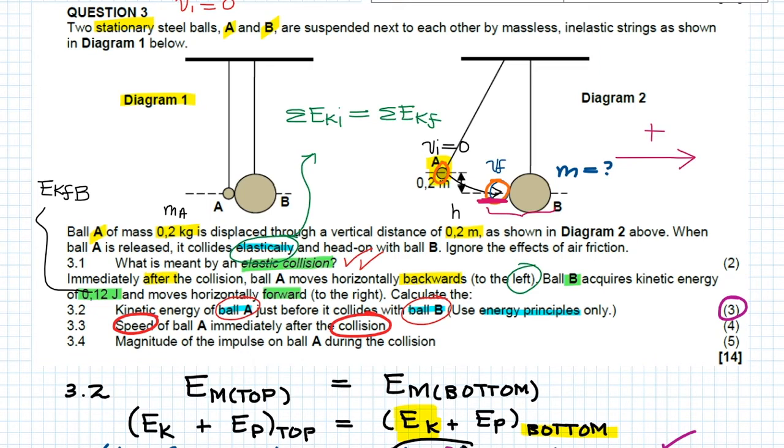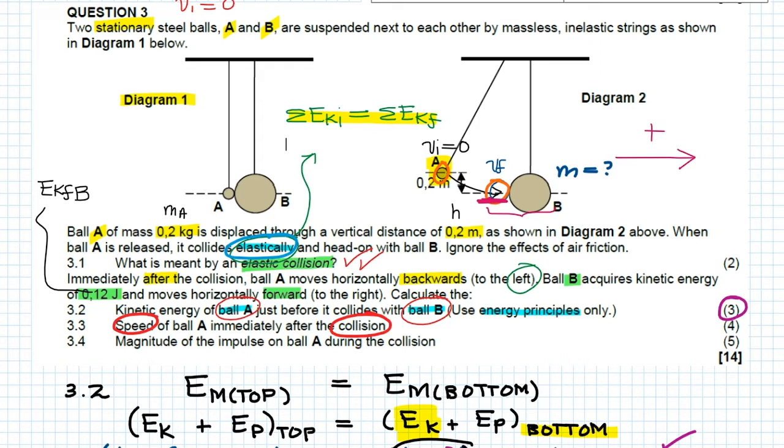So we're going to have to make use of something else. And grade 12s, that is the fact that they told us that the two objects collide elastically. So we're going to be making use of this fact in order to find out the speed of ball A immediately after the collision.